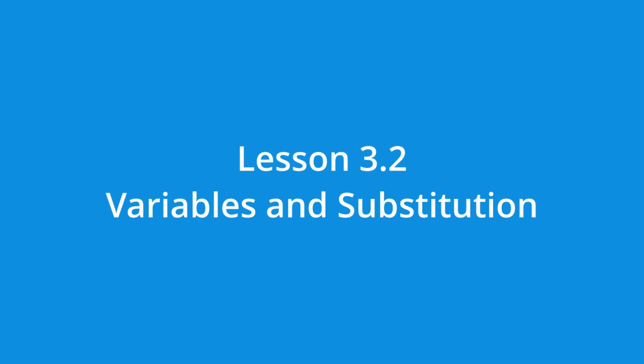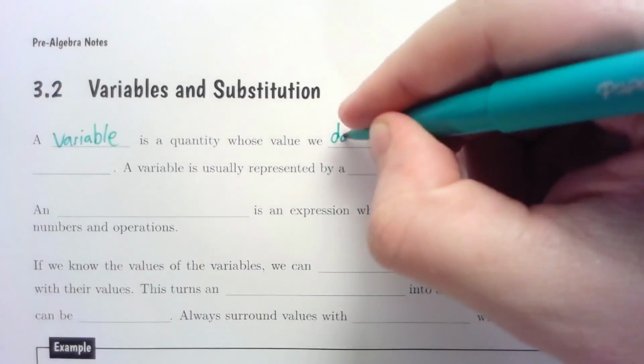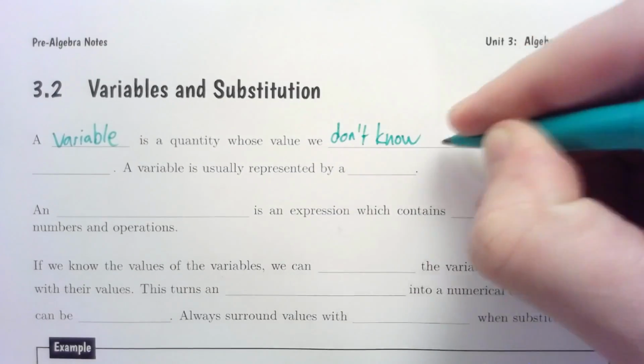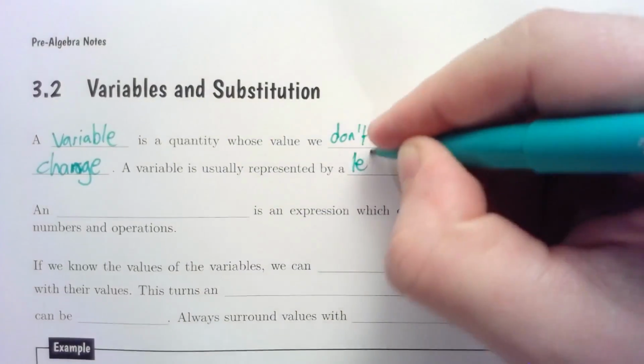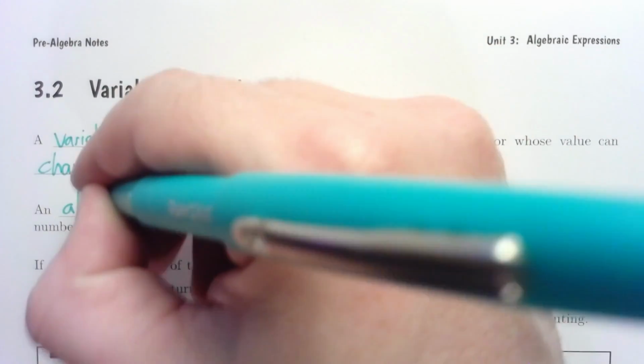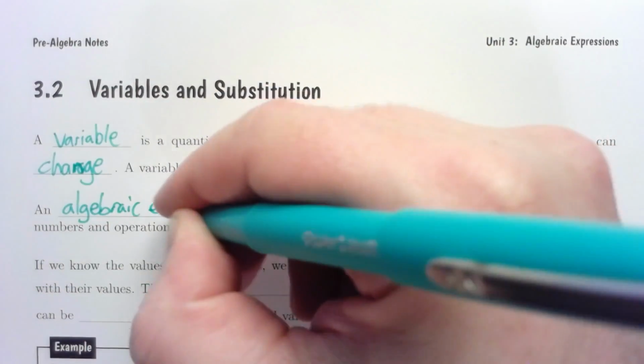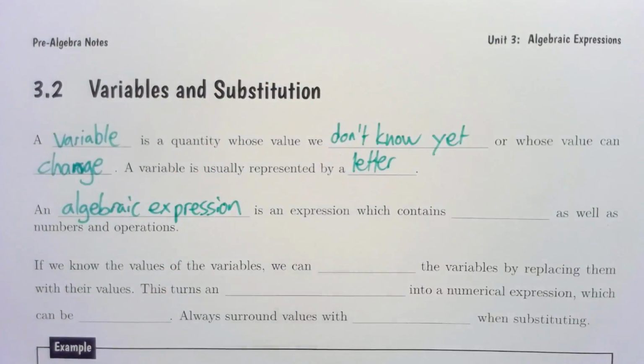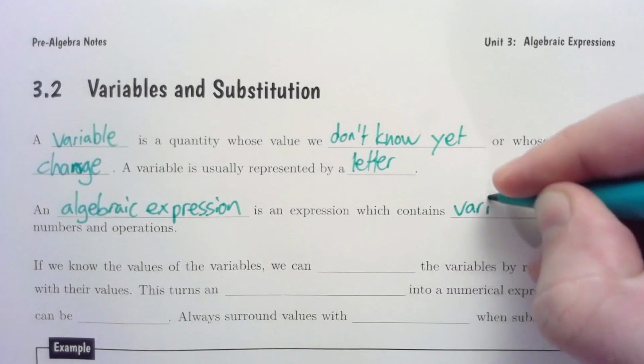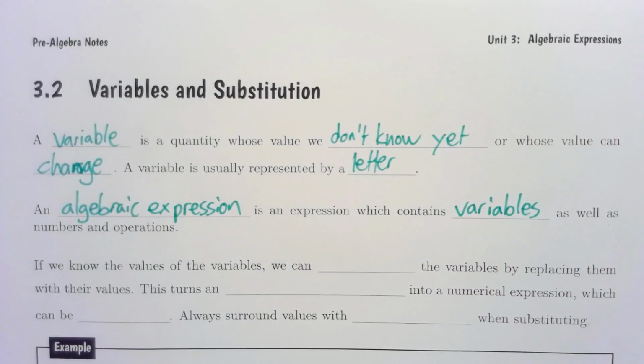That's what algebra is. So a variable is a quantity whose value we don't know yet, or whose value can change. A variable is usually represented by a letter. An algebraic expression is an expression, like the numerical expressions we were looking at in the last lesson, but which contain variables as well as numbers and operations.